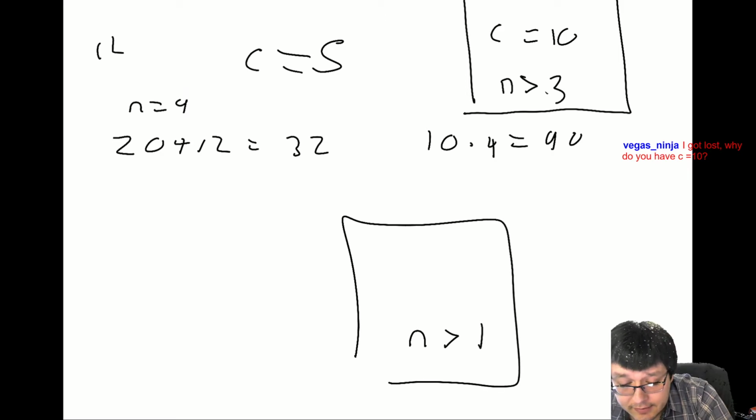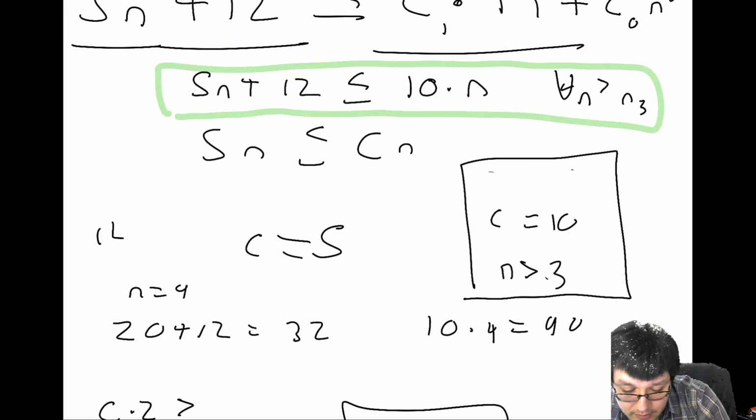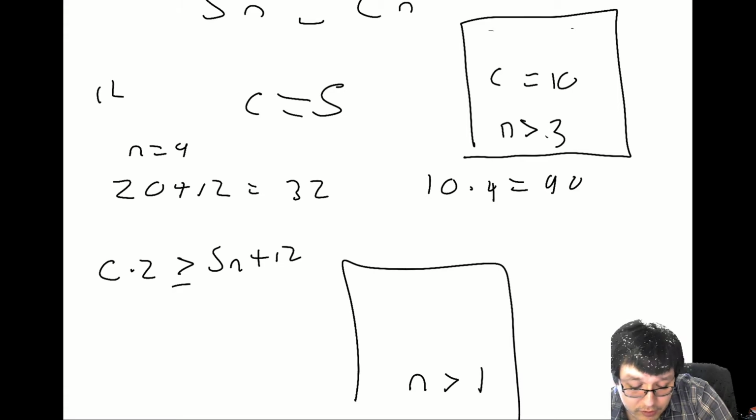In that case, we need to make sure that 2 times some number, which is whatever our constant is going to be, so c times 2 has to be greater than or equal to 5n plus 12. So what number is that going to essentially be? And again, this is 2 right here because we picked that.